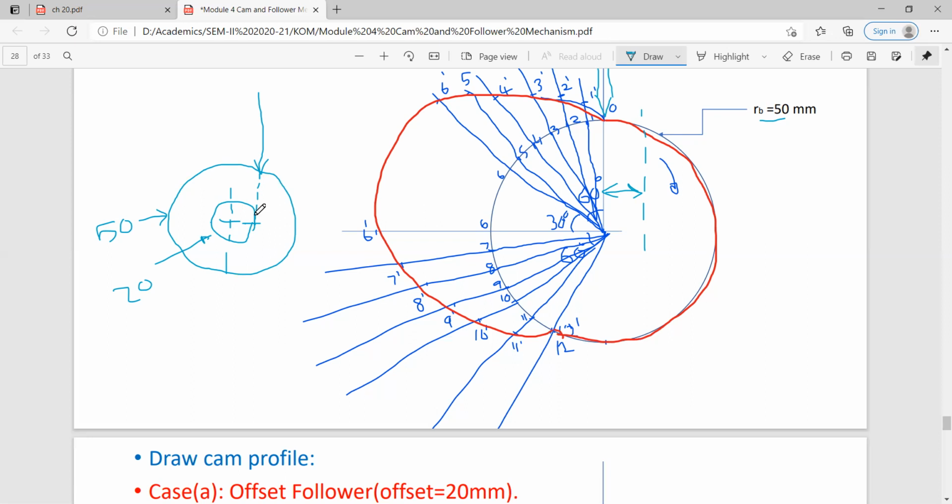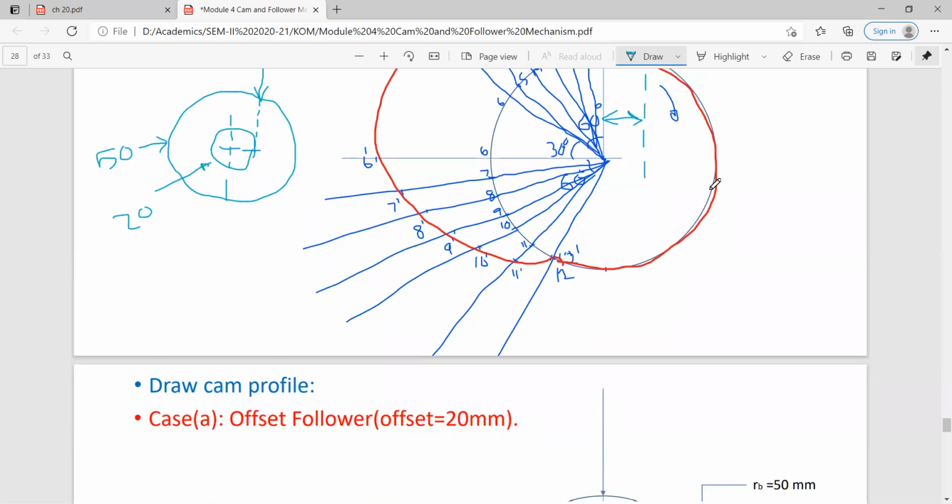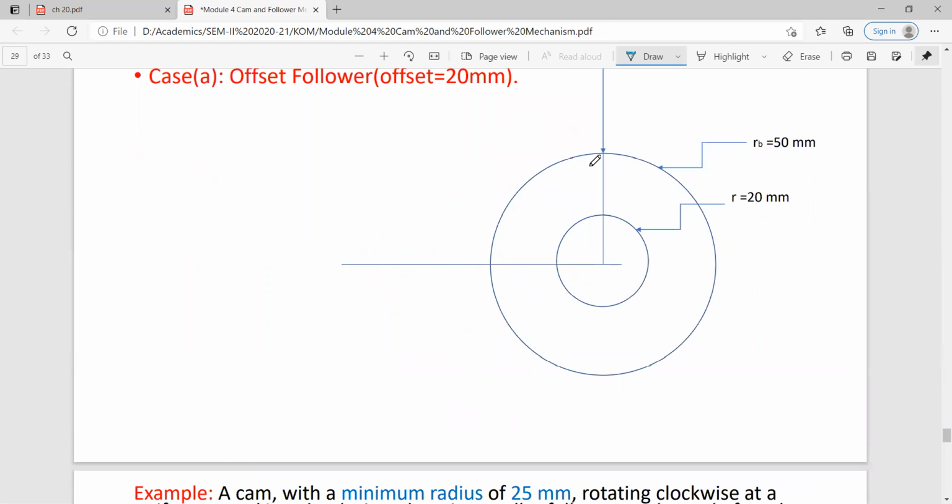But in this case, all the lines will not pass through the center of the cam, but these lines will be tangent to the offset circle. So as we start, first you draw the base circle and then you draw the offset circle whose radius will be 20.